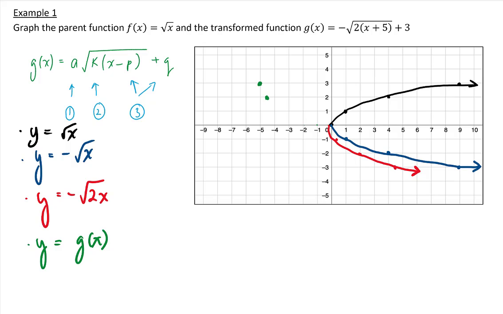There's our next point, our next one, and our final point there. So I've moved the red graph to the left 5 and up 3. And there is our final graph, g of x. Once we're done graphing this, we should state our domain and range.